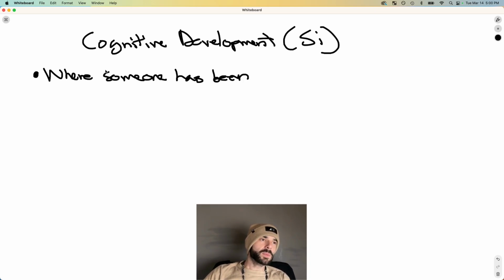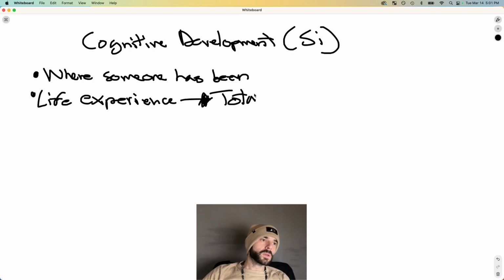This is also somebody's life experience, but it's actually more than just life experience at any one given time. It really is total life experience. Definitely total life experience. So cognitive development is basically one's total life experience.